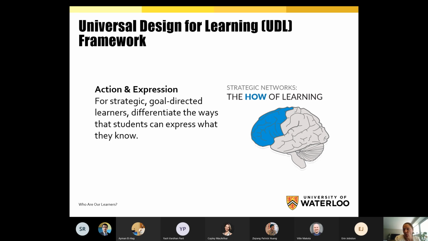But maybe there's an alternate way. Maybe there could be a poster presentation where there is no video or audio that needs to be composed, and it has different criteria, but the actual goals, the outcomes are the same. So these are the types of things that you want to consider.